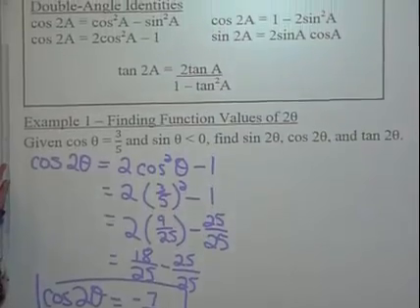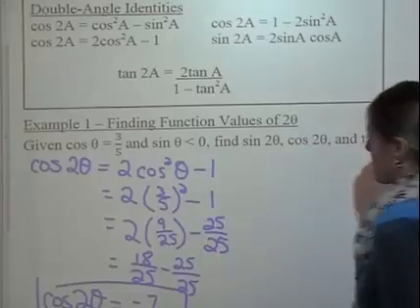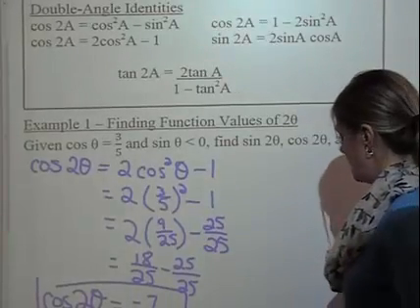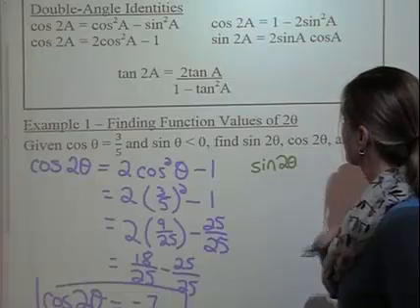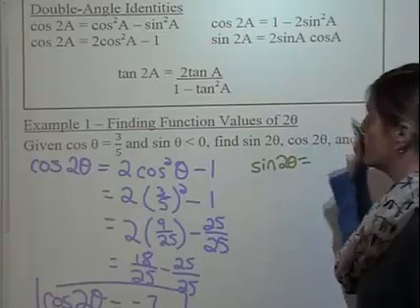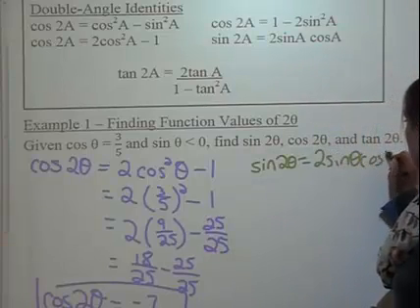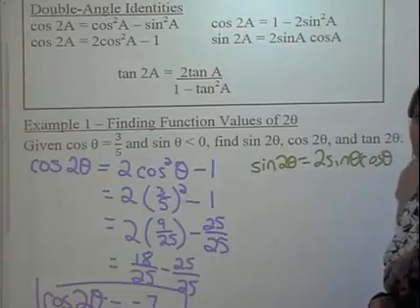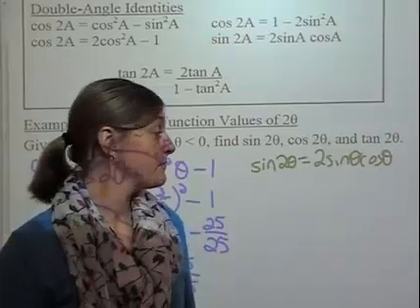Now let's do sine of 2 theta. So we'll say sine of 2 theta equals 2 sine cosine. All right, so sine of 2 theta equals 2 times sine theta cosine theta.